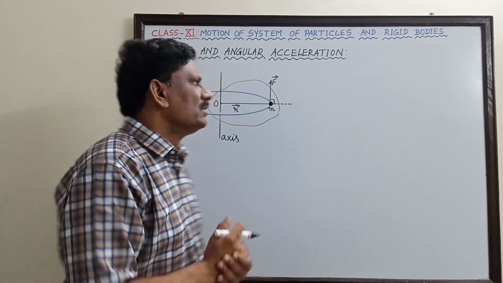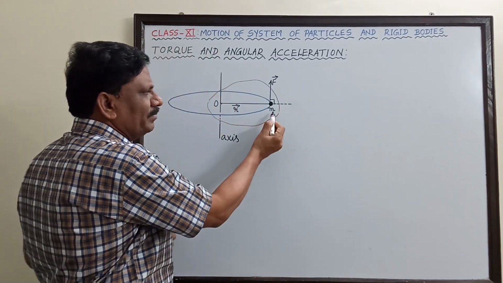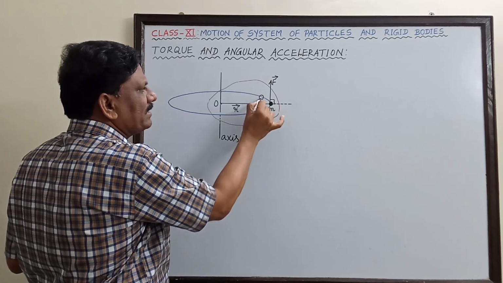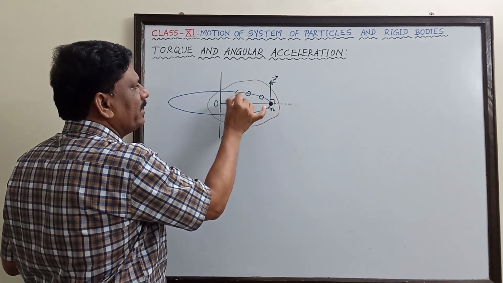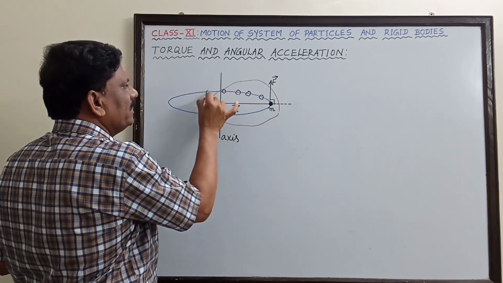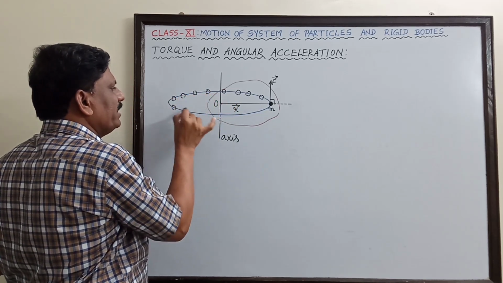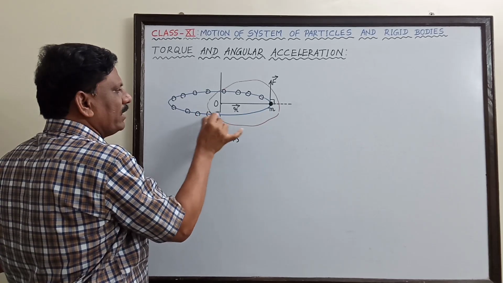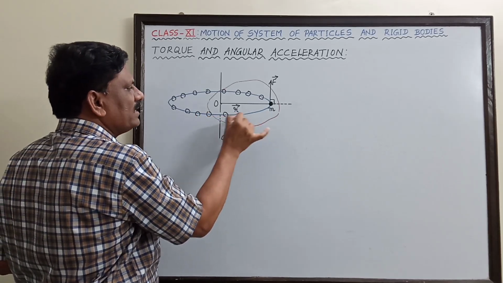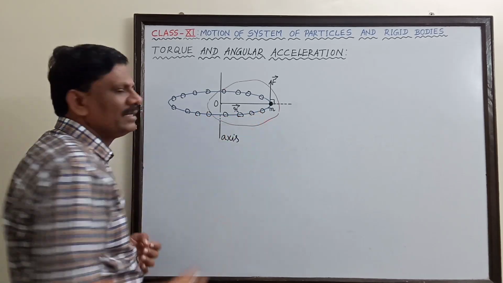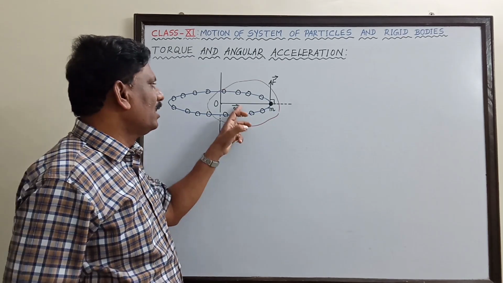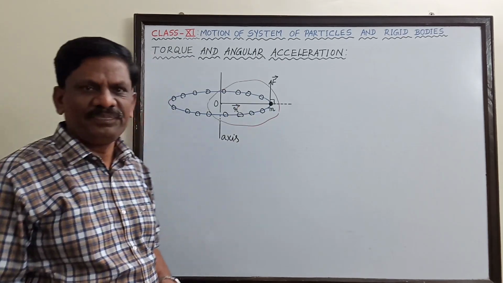The particle of mass m, after some time takes a position here and then here, and everywhere it changes position. If you join all its positions, the trajectory or locus will give you a circle, and r will be the radius of the circle.